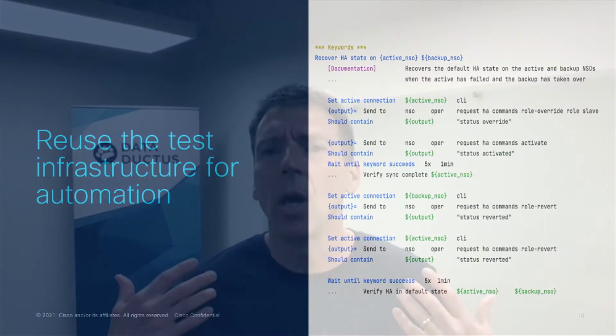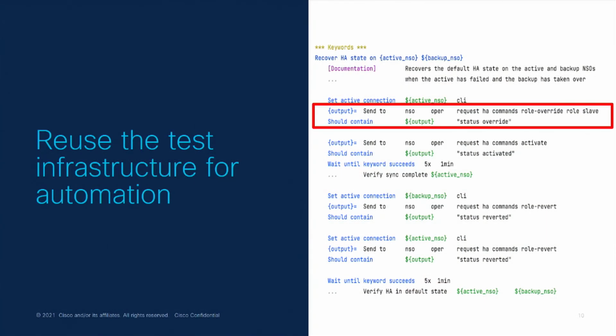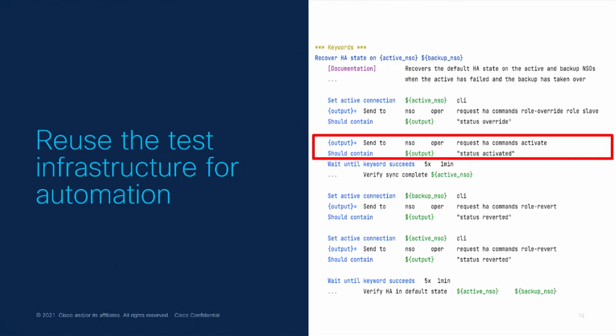For those who don't know, I'll just quickly show you what you have to do to take an HA node, after it has failed over to the backup, back to the active, to your default state. You have to send a command to override the current slave to the active. Then you have to go and activate that on the NSO.